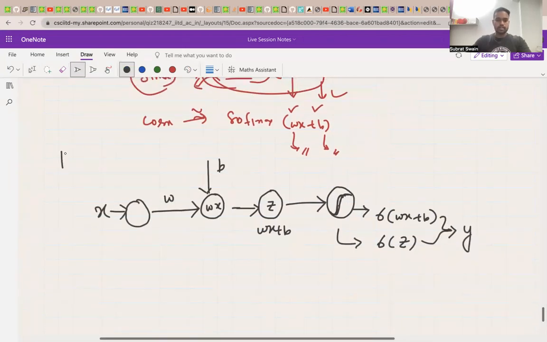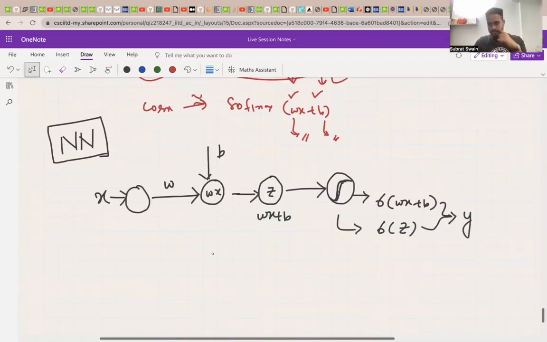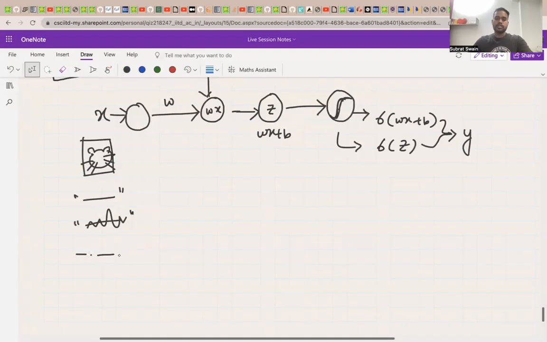So is this diagram clear? This is a neural network. This x can be anything. This x can be a picture of a cat. This x can be a text. This x can be any music. This x can be any geographical location.